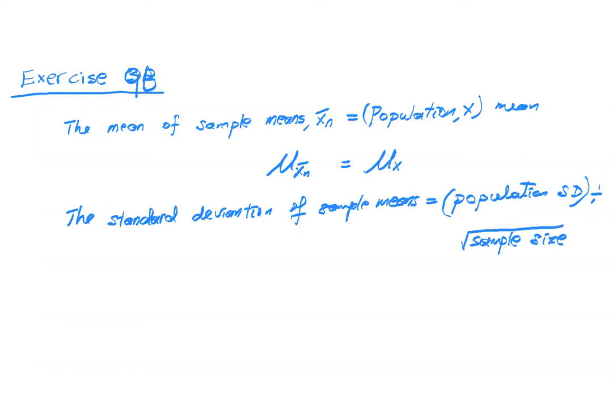Because as the sample size becomes bigger, the sample gives a better representation of the population. So the sample means of each sample will be very close to each other. That's why the standard deviation of the sample mean will be equal to the standard deviation of the population divided by square root of n. So throughout this exercise, we are going to use this particular property.